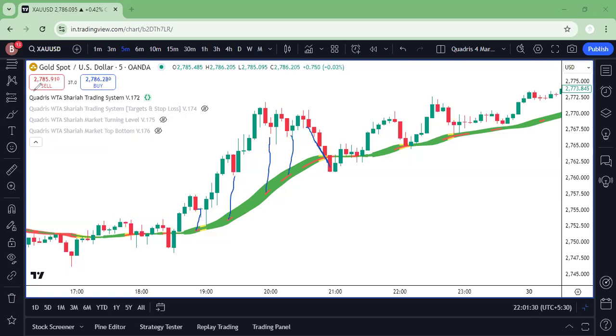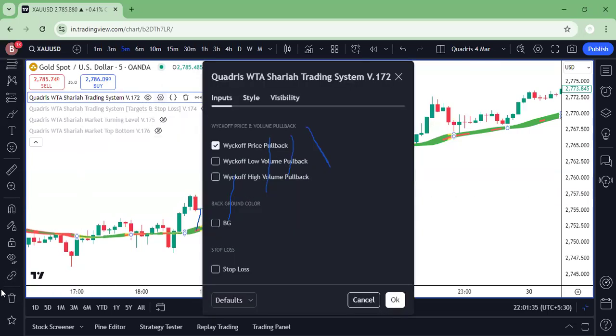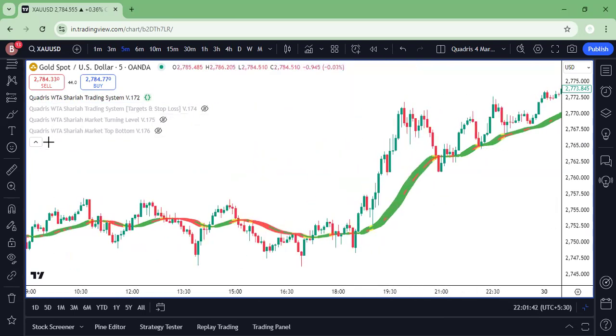Now, what we have seen so far is just price pullback. Here we haven't added any element of volume into it. So consider this whole area to be an accumulation zone, and this is the markup.